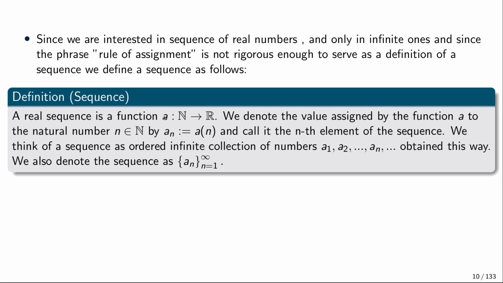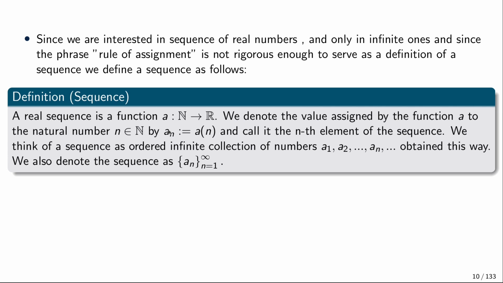When we say function, this becomes very rigorous, and this intuitive notion of rule of assignment is underlined. To each natural number, we assign a real number. We denote by a_n the value of this function at the natural number n, and this a_n is called the nth element of the sequence.